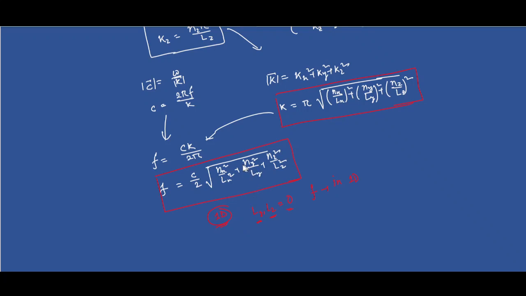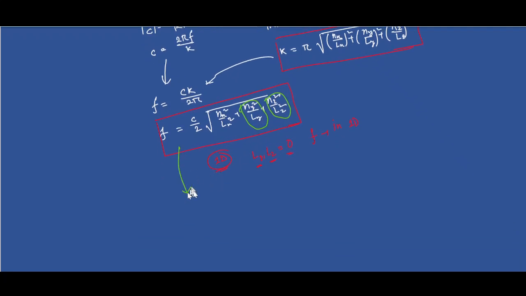Then this term is going to vanish, and this term is also going to vanish. Then we get the expression of frequency here, c over 2 times nx over lx, which, rearranging this term, is nx c over 2 lx.